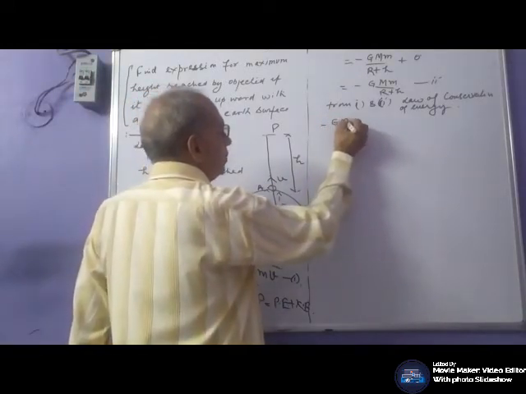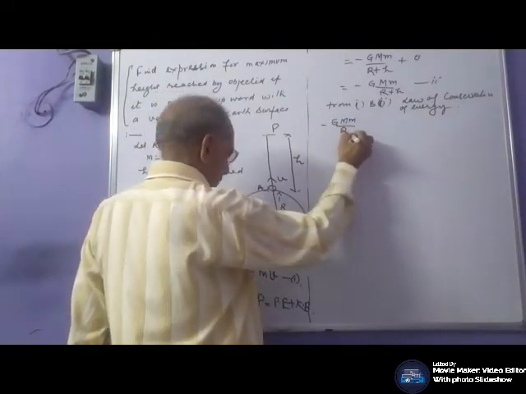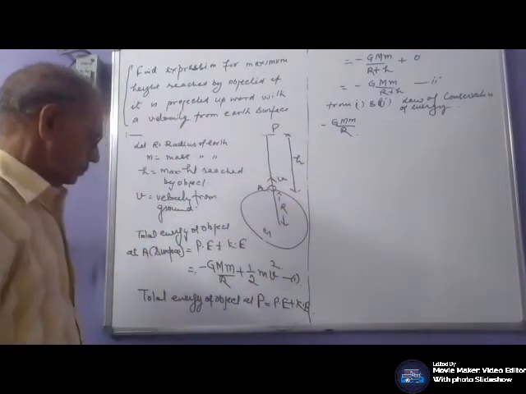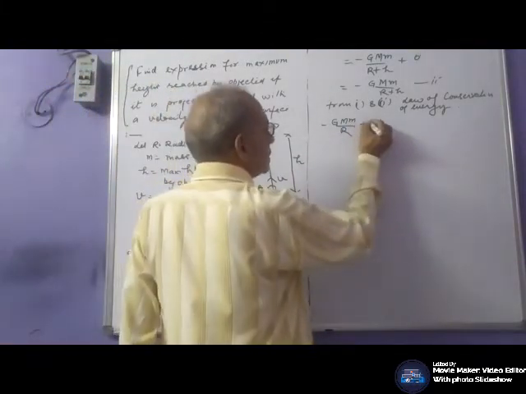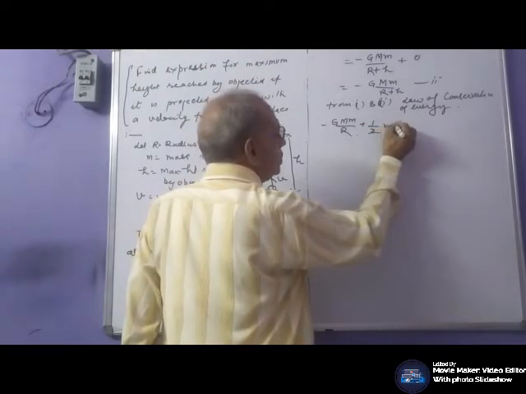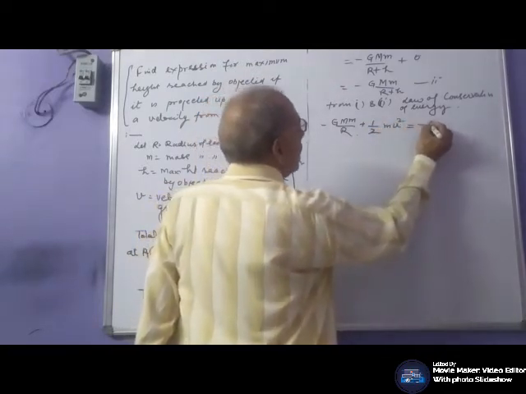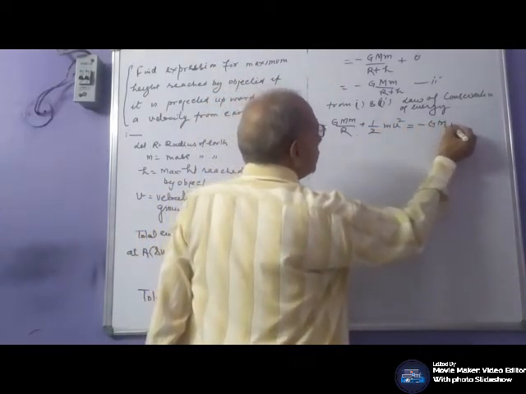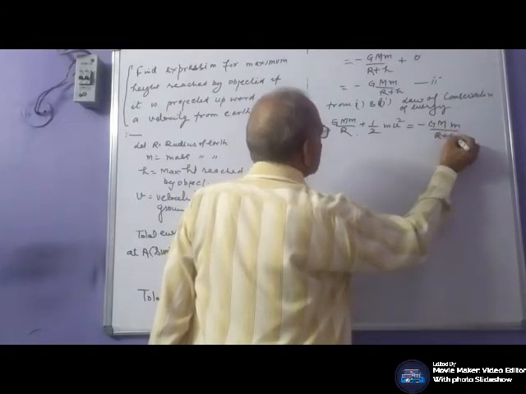Minus GMm by R plus half mv square equals minus GMm by R plus H.